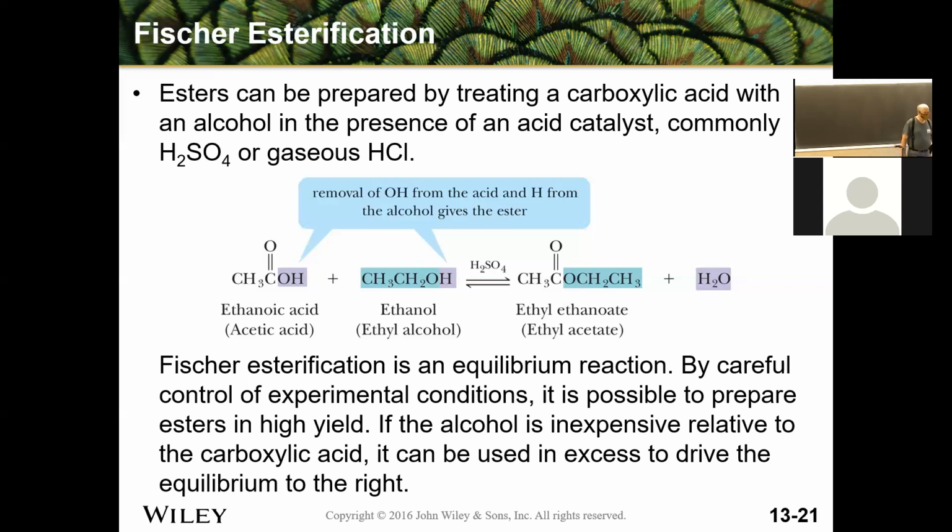But we can manipulate experimental conditions. Usually what's done in this type of esterification, called Fischer esterification, is to use an excess of either the acid or the alcohol. Often what determines that is if one of them is inexpensive.